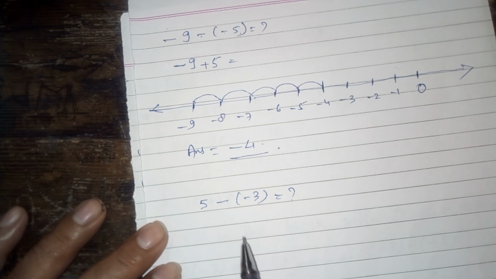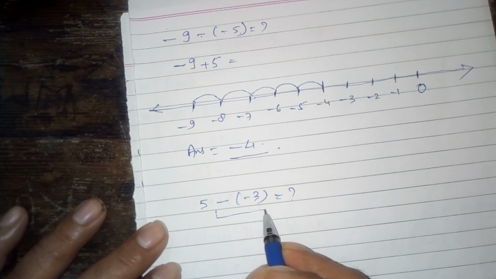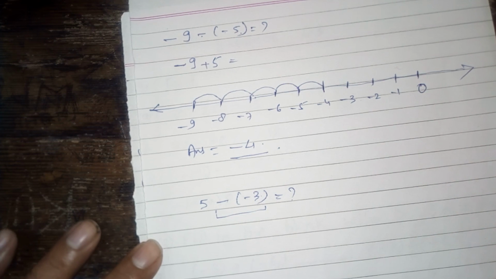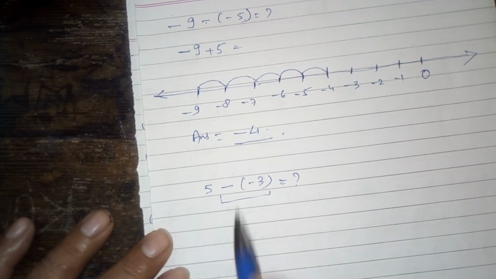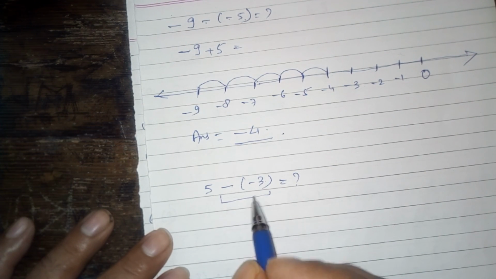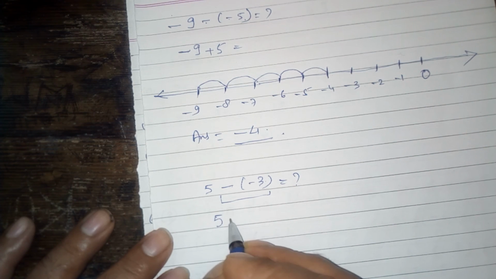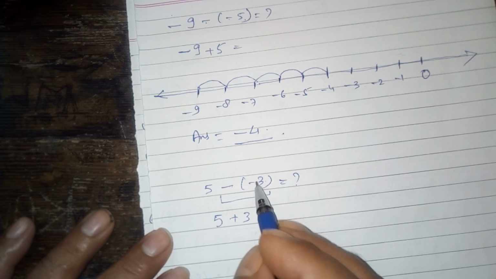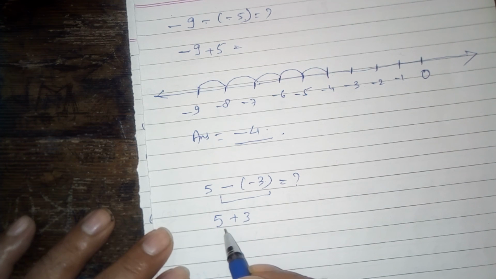Now look here, what is the meaning of minus 3? The meaning is additive inverse of minus 3. You know very well, additive inverse of negative integers are always positive. So this question we will change into the form of 5 plus 3.